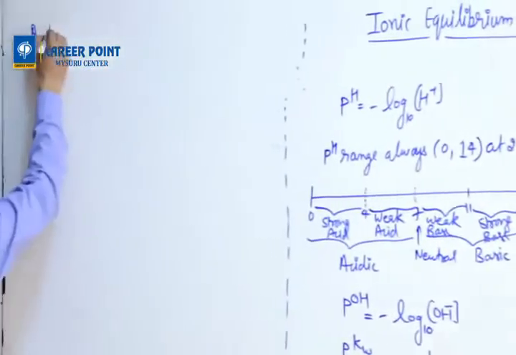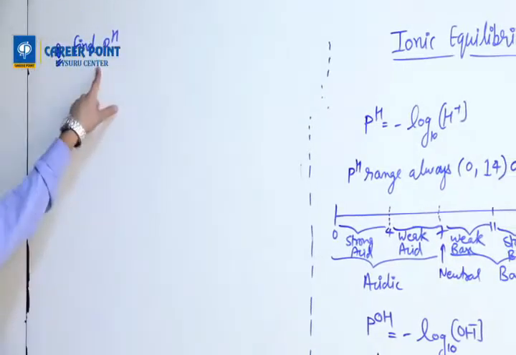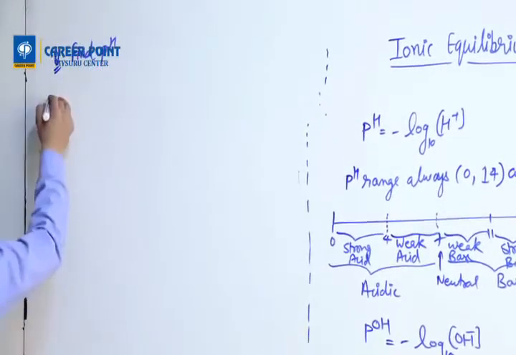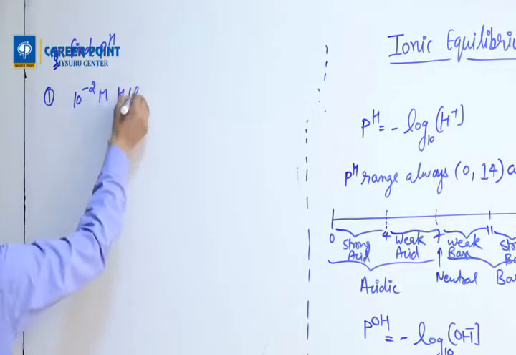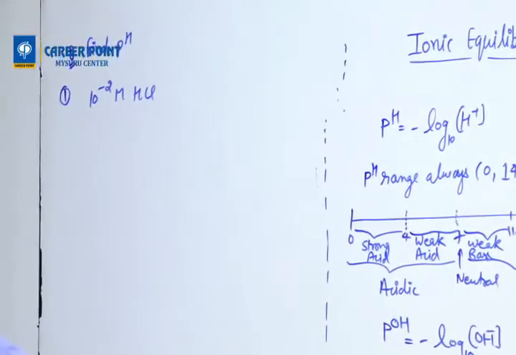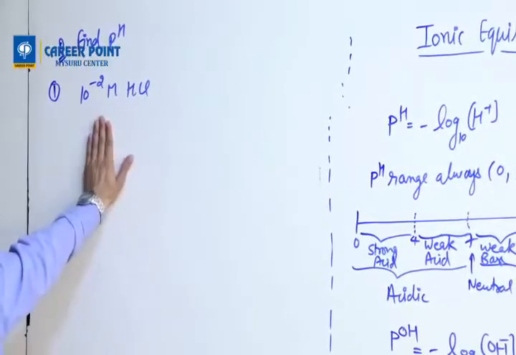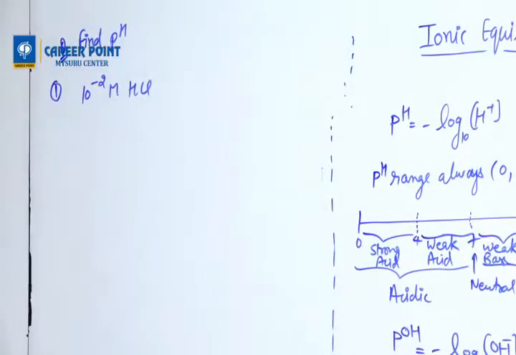Question will always be find pH, so I'm not going to write this find pH question always. First question. 10 power minus 2 molar HCl. Solve this question. Find out the pH of 10 power minus 2 molar HCl.